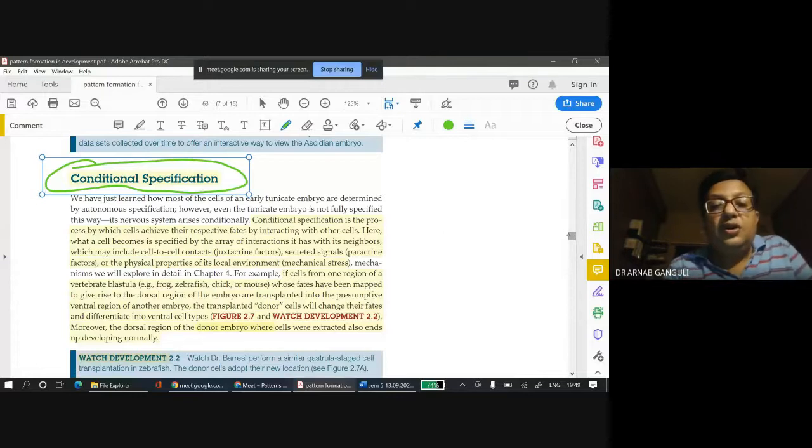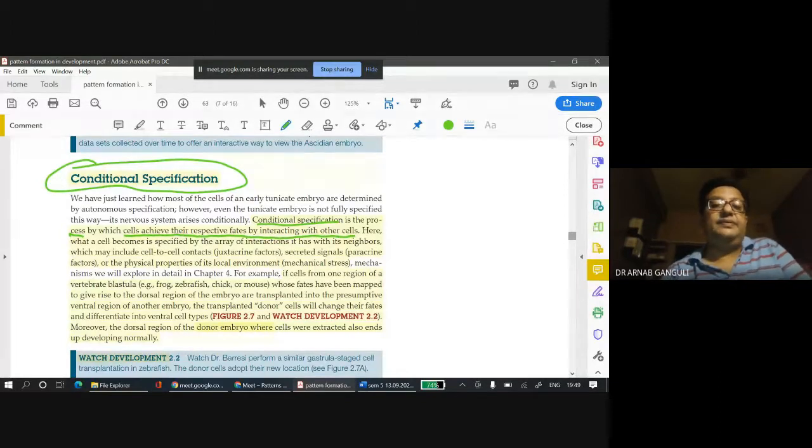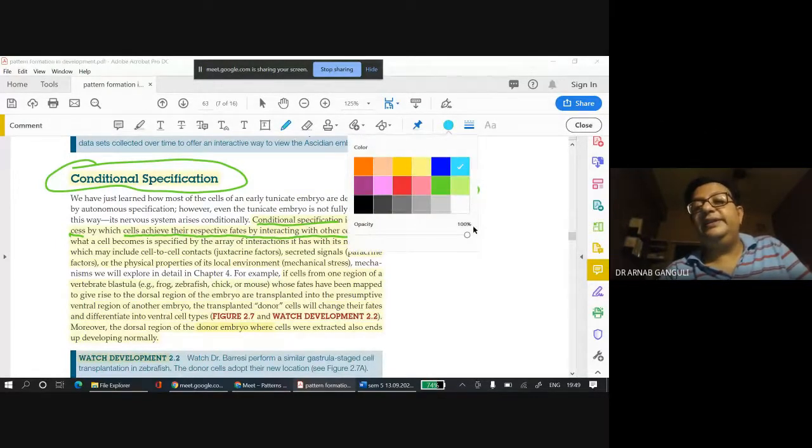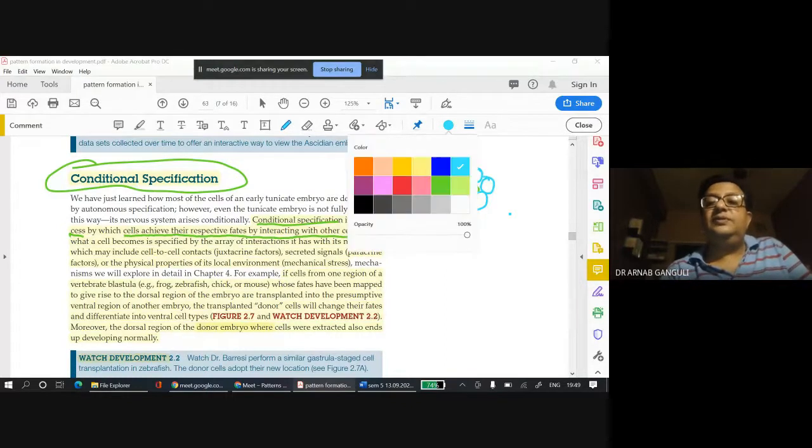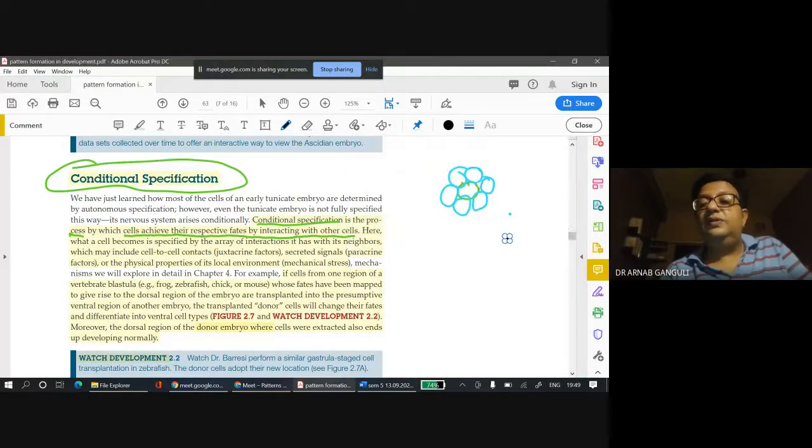So conditional specification is the process by which cells achieve their respective fates by interacting with each other. That is, if one cell is over here and the surrounding cells say so, all these cells interact with each other.